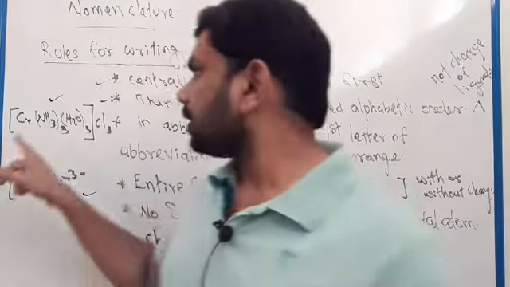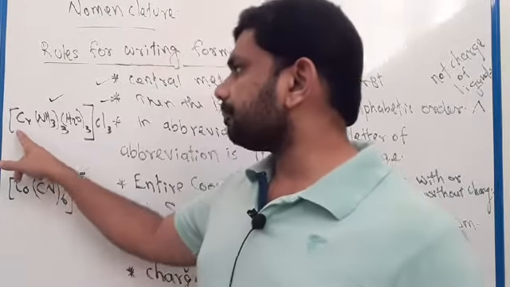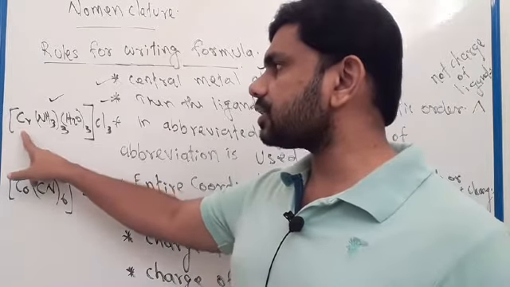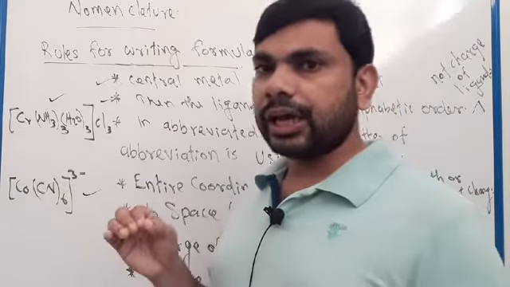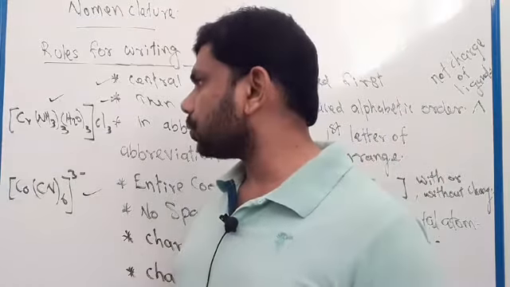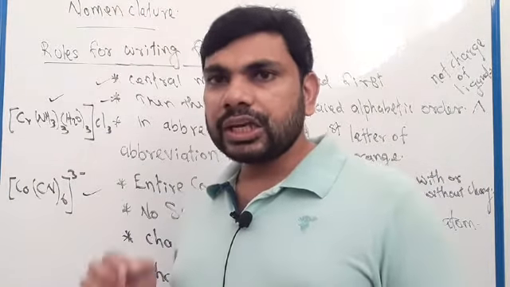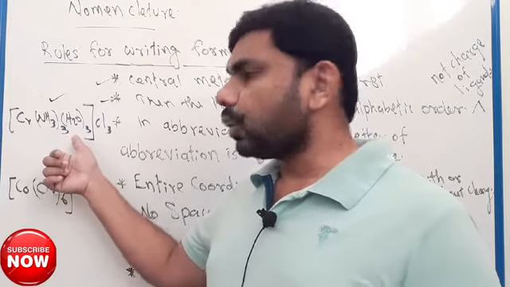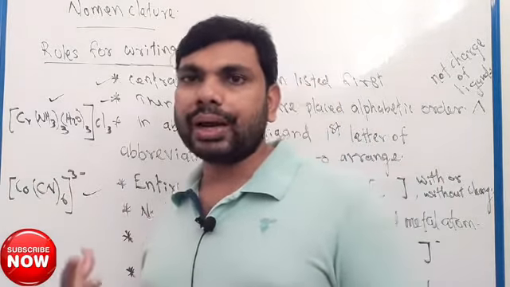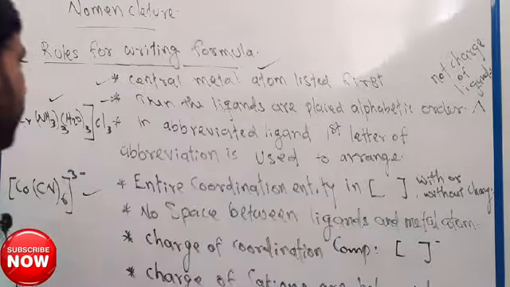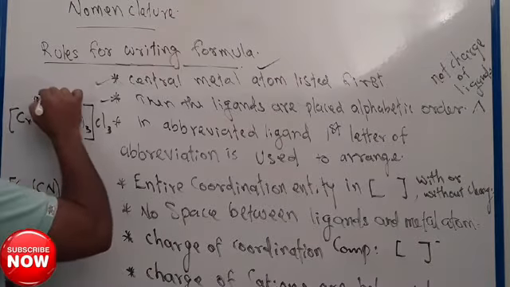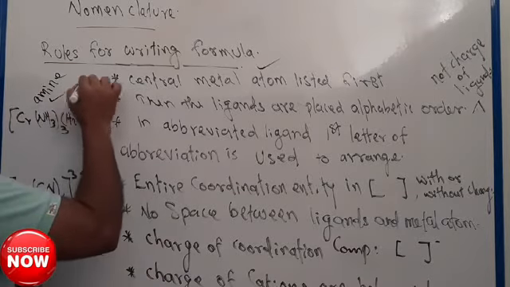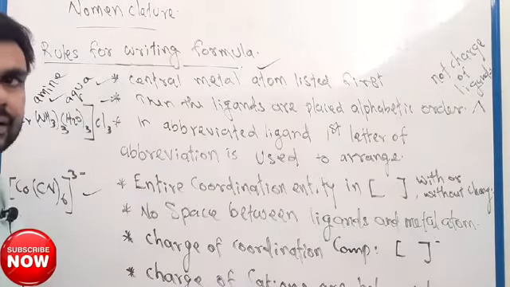So look here, this is one coordination compound, here is the central metal atom, and there are two ligands, NH3 and H2O. NH3 is called ammine, and H2O is called aqua.